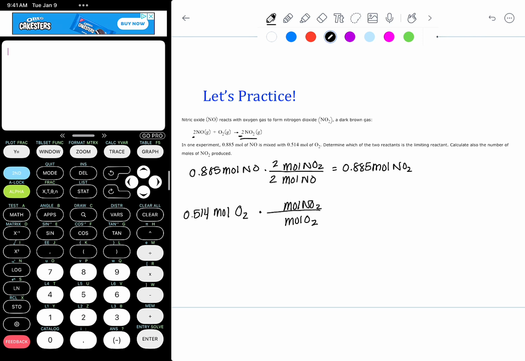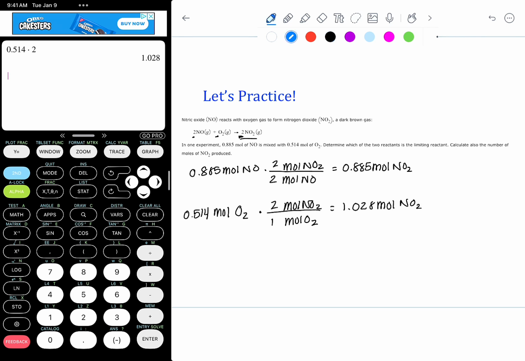We know our coefficient for NO2 is 2, and our coefficient for oxygen gas is 1. So we're going to take 0.514 and multiply that by 2. So we get 1.028 moles of NO2.